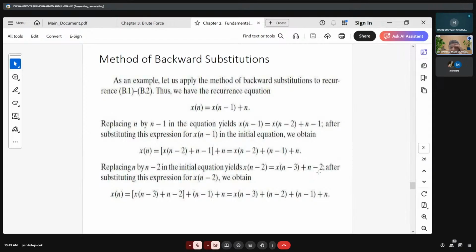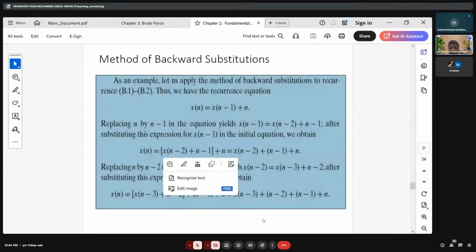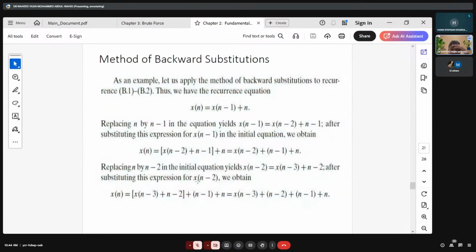So here xn minus 2 will be xn minus 3, plus n minus 1. This is xn minus 2. So this one, xn minus 3 plus xn minus 2. What is xn minus 2? It is xn minus 3.